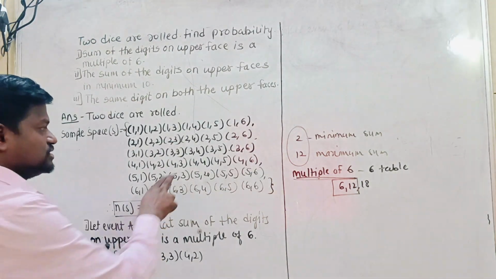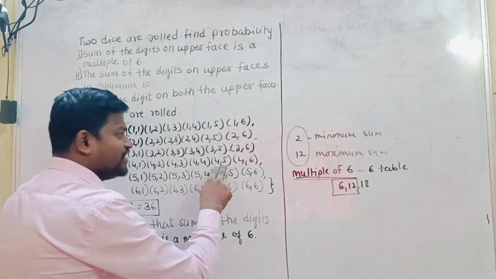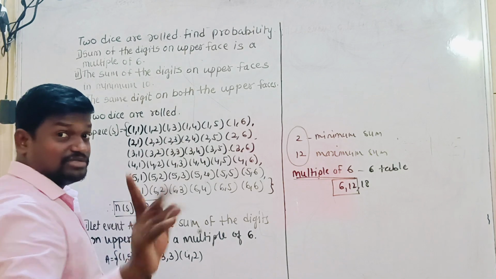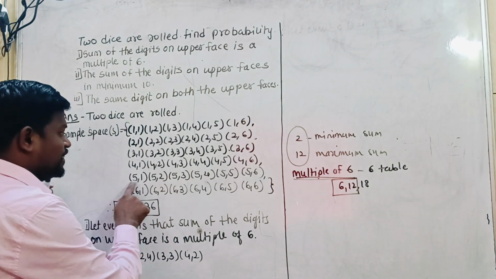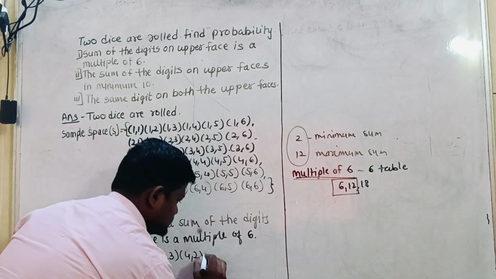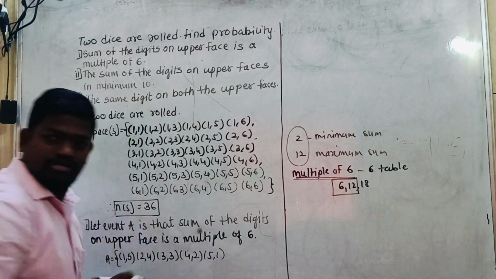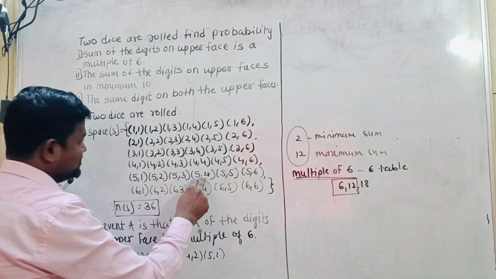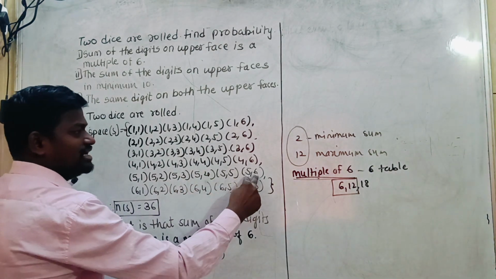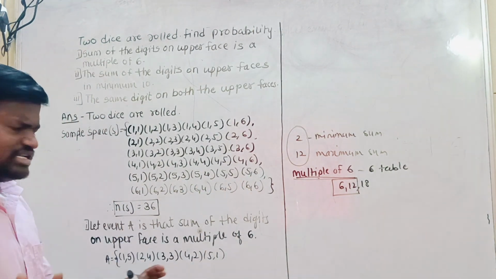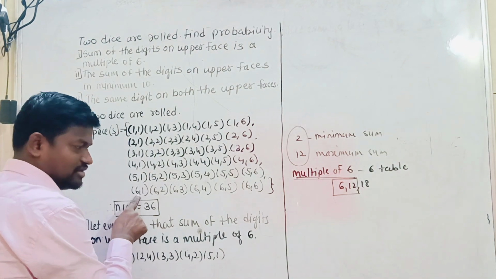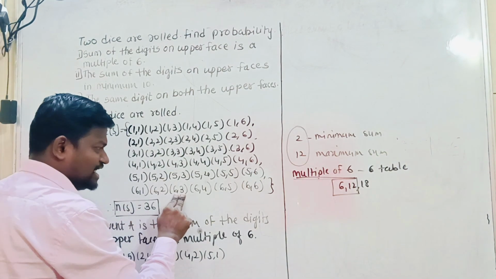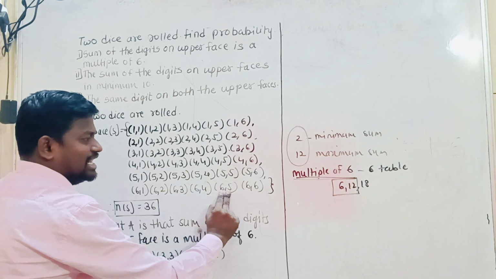Next 7, 8, 9, 10 all are not in 6 table, 5 1 is 6. Okay, yes, 5 1. 7, 8, 9, 10, 11 not in 6 table, 7, 8, 9, 10, 11, 12.